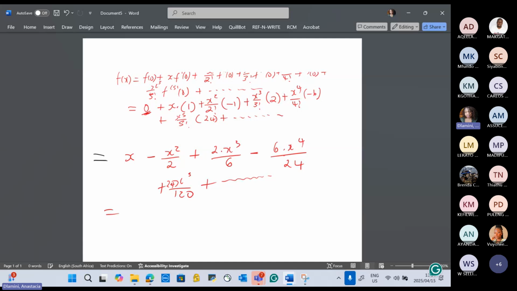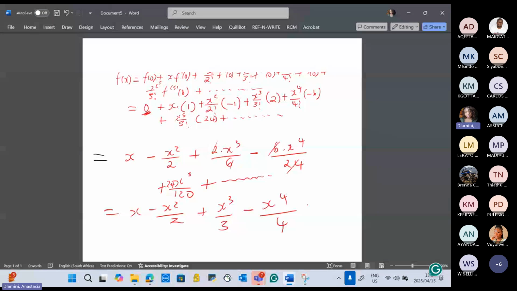So this is equal to x minus x squared over 2 plus x to the power of 3 over 3, minus x to the power of 4 over 4. And then how many 24s are in 120? It's 5, ma'am.